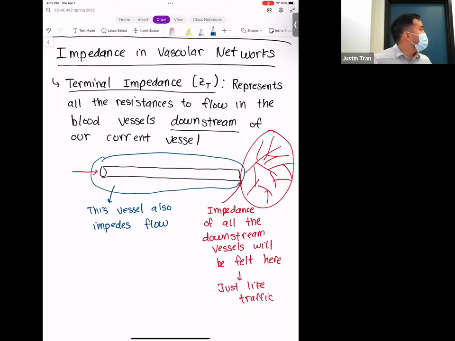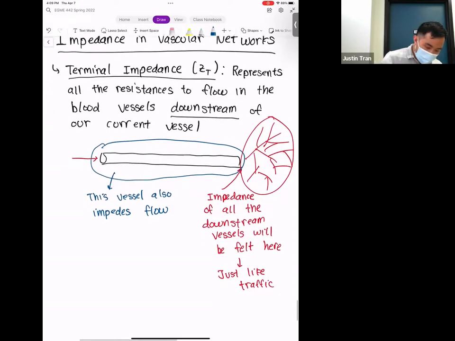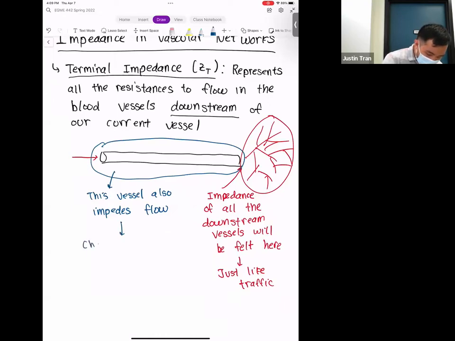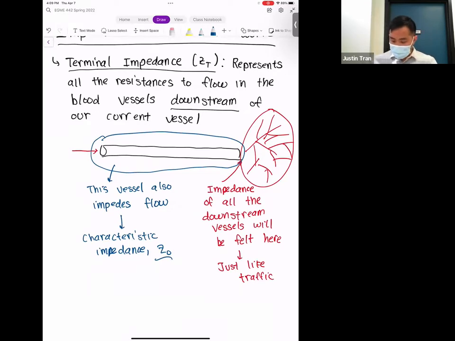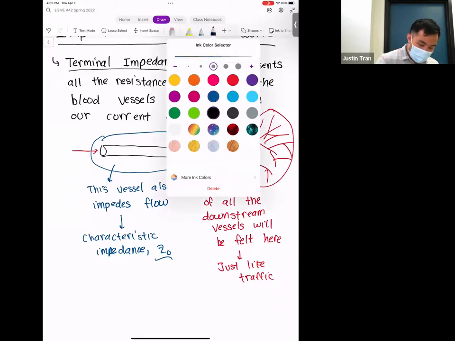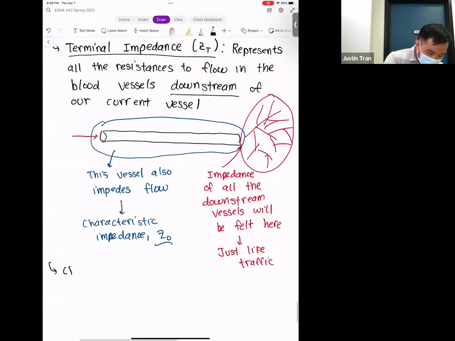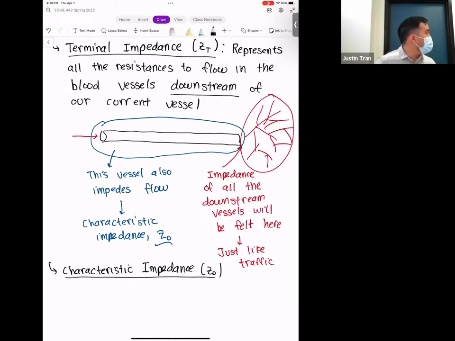The fact that each individual vessel can cause impedance to flow, we call the characteristic impedance, and we give that the symbol Z sub O. Characteristic impedance is the impedance, or the resistance, that comes from a single vessel.